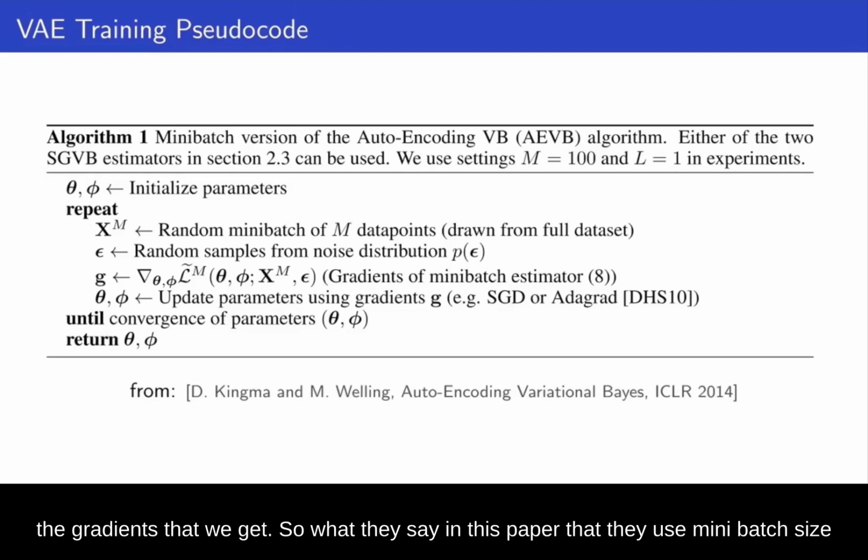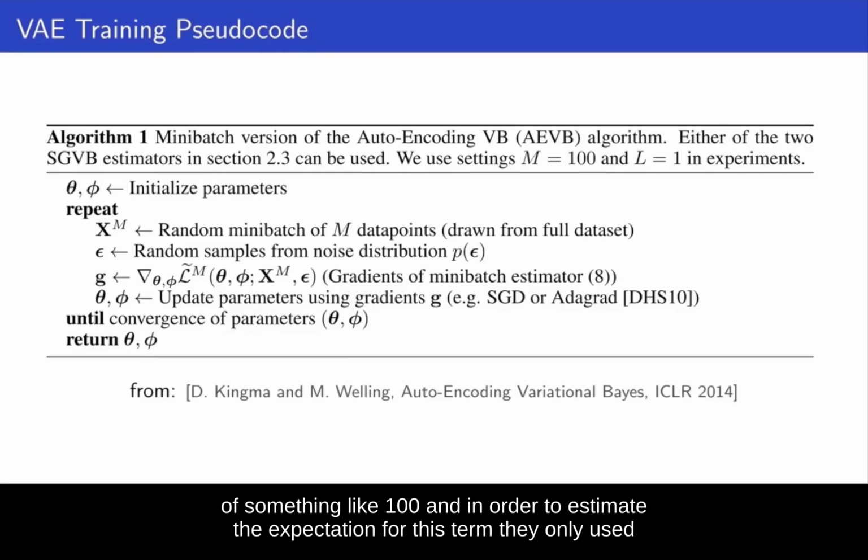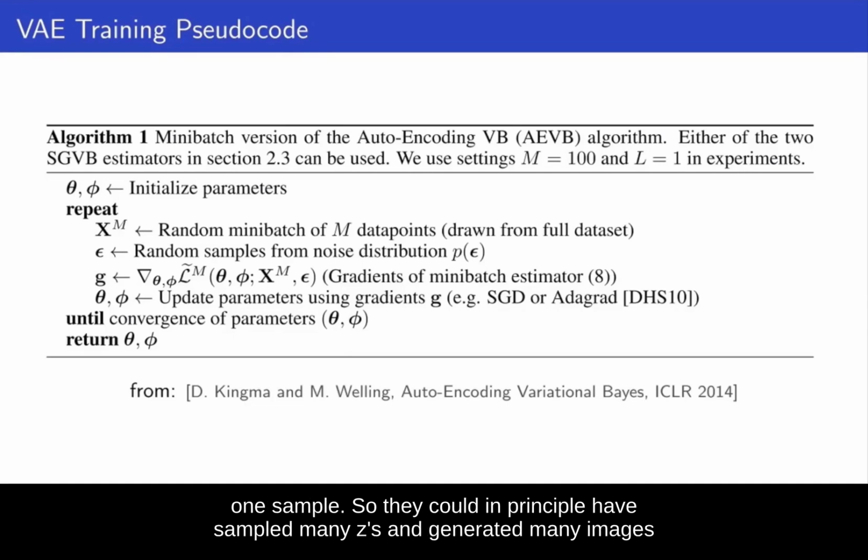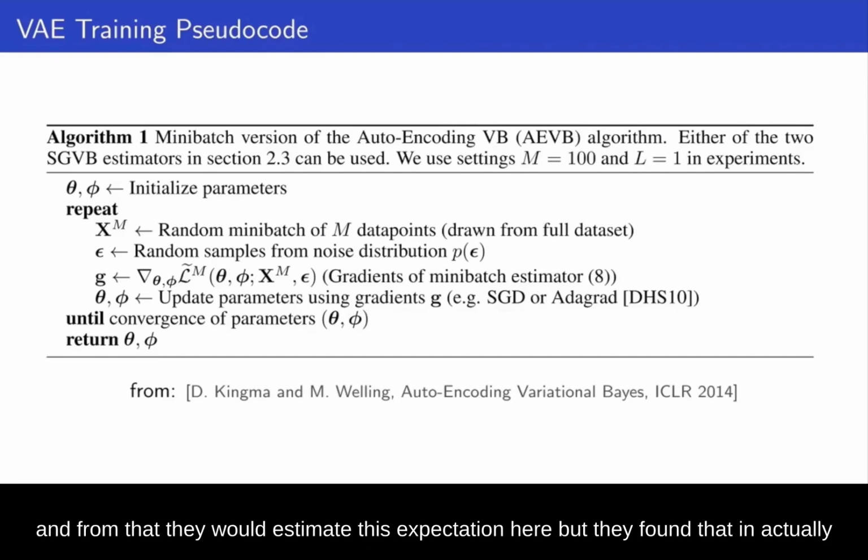What they say in this paper is that they use a mini batch size of something like 100, and in order to estimate the expectation for this term, they only used one sample. They could in principle have sampled many z's and generated many images to estimate this expectation.